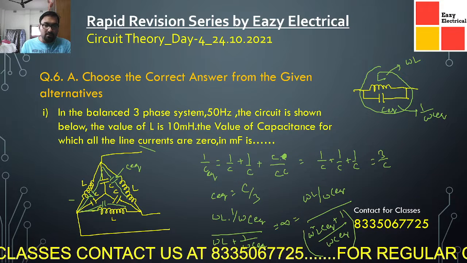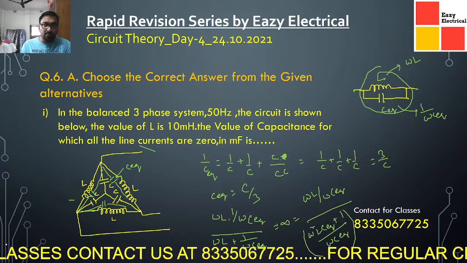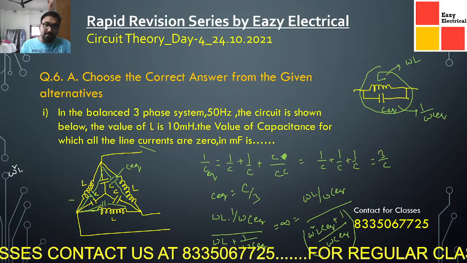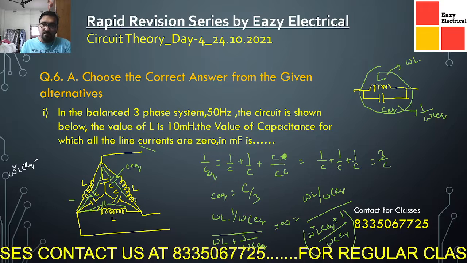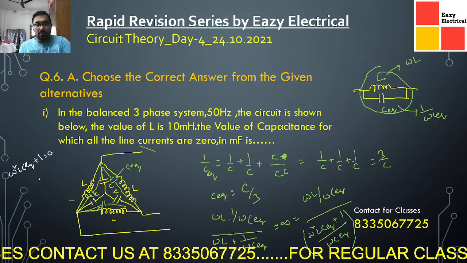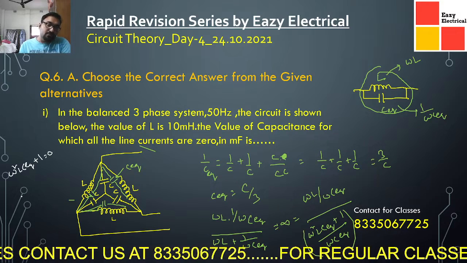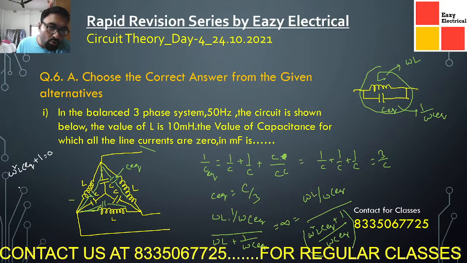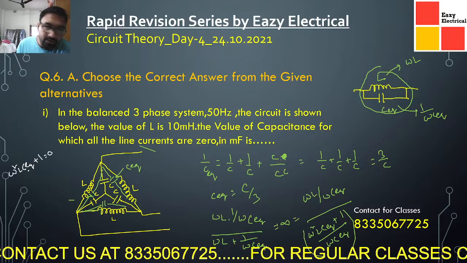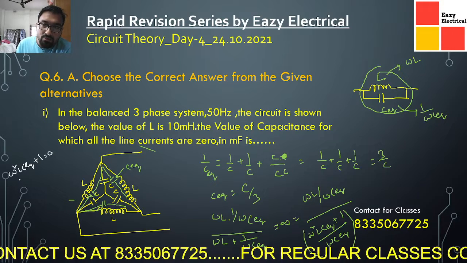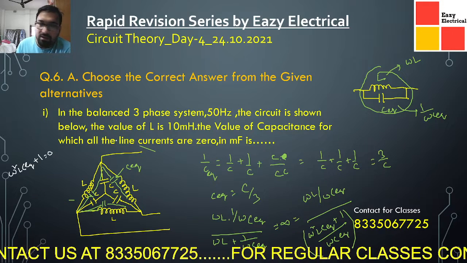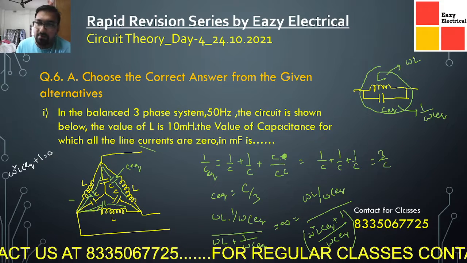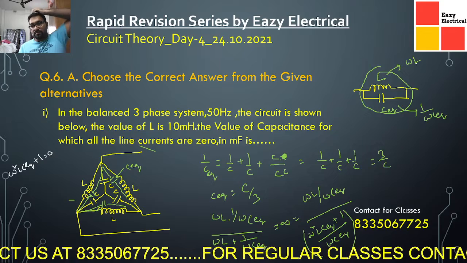If the bottom part is 0, that means omega square L C equivalent plus 1 is 0, right? Now here, as I have taken only L, I should have taken the j values as well.